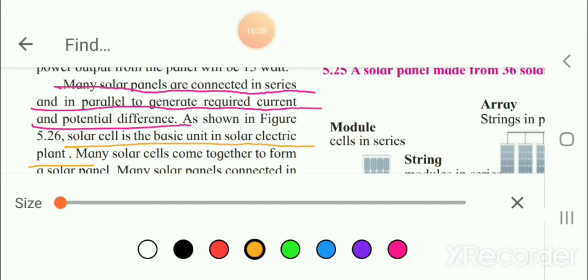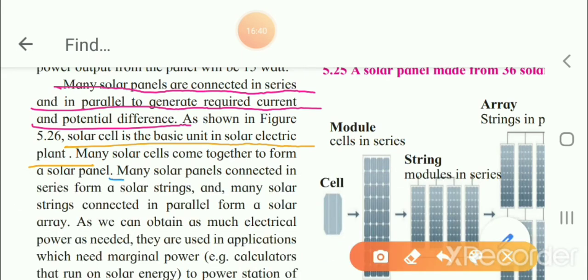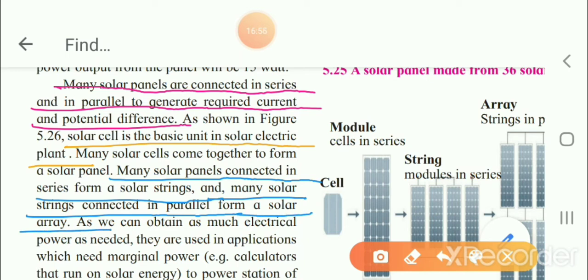So here I'll show you, many solar panels connected in series form a solar string, and many solar strings are then connected in parallel to form a solar array. So this point you have to learn: what is a solar array. Many solar panels connected in series form a solar string, and many solar strings are then connected in parallel to form the solar array.